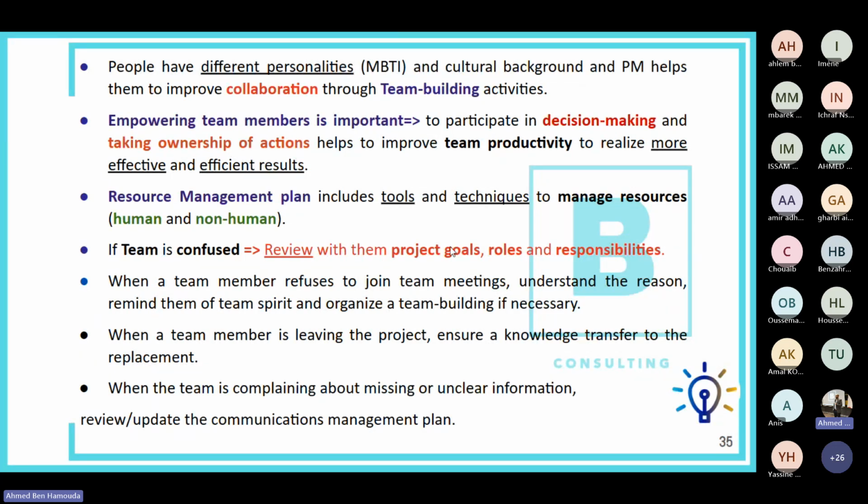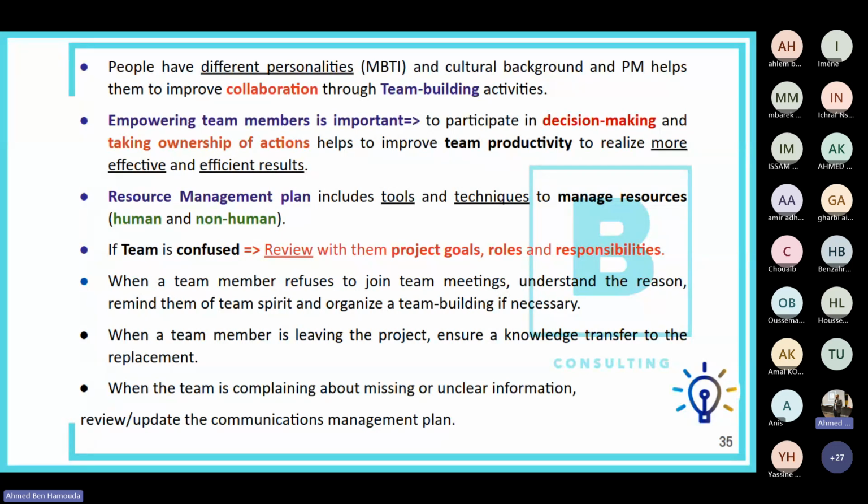Maybe they haven't understood them, and now it's your role as a project manager generally to explain the project goals. But in Agile, if one of the options indicates that the product owner should explain the project vision, then you pick that, because in Agile the product owner is the one responsible for explaining the project goals. If you don't have that option, then definitely you go ahead and pick the one where you, as a project manager, explain the project goals to the team in case they're confused.